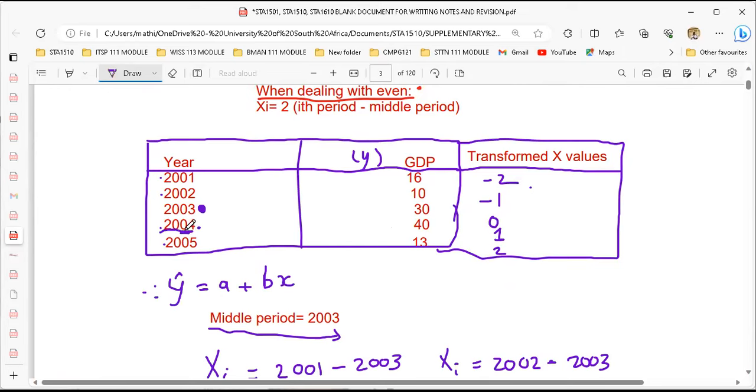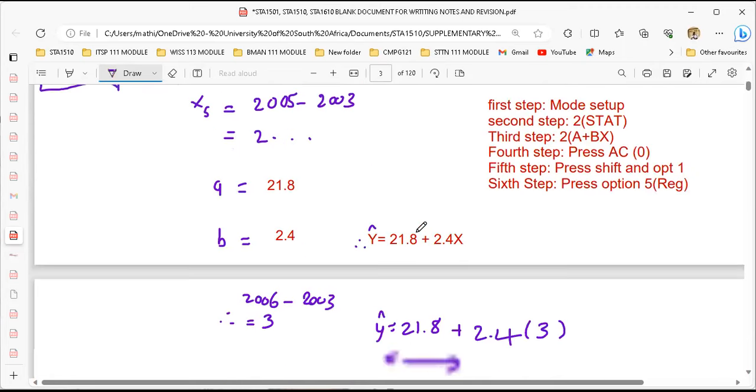So we are going to add 30 plus 40 plus 13. If they say 2004, this is your middle here, then you start here: 1, 2, and 3. So I'm going to add 30 plus 40 plus 13.